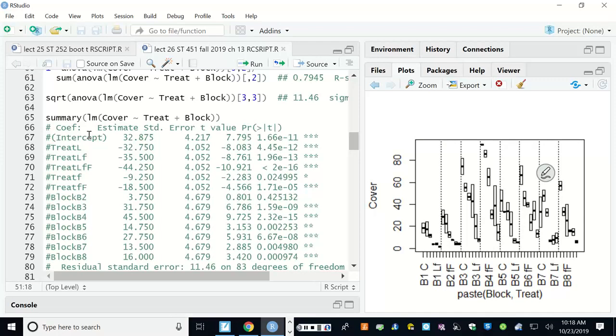And if you read in the book about what these mean and knew the biology, then probably that would make some sense to what's going on. Right? And many of these individual ones are significant. It very well could be that block 2 is not significantly different from block 1, but you wouldn't really take out one specific block.